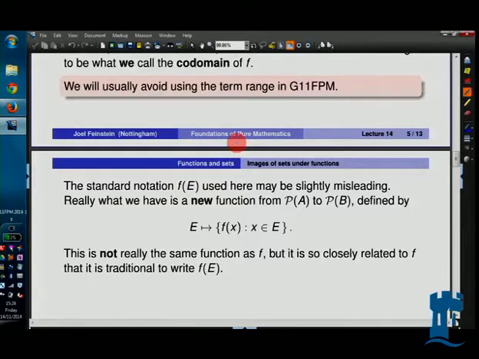So it's really a new function built from the old function. Officially, we've got a new function that goes from the power set of A to the power set of B, where you start with E as a subset of A, then you take f of x for x in E, and that gives you a subset of B. So this is a function where the argument is a set, and the value taken by the function is a set.